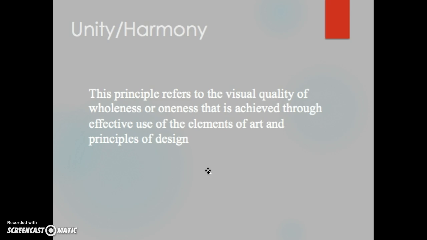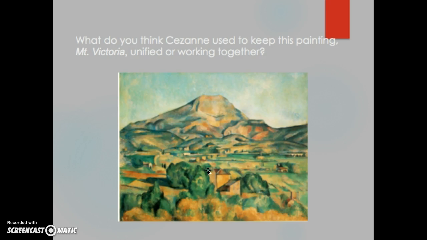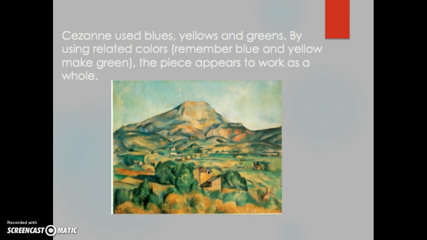Unity or harmony. Some resources will tell you that these are two different principles of design. For our purposes, let's put them into one just to make our lives a little simpler. All right. Why do you think Paul Cézanne kept this painting, Mont Sainte-Victoire, unified, harmonious, working together? How did he do it? He did it through color.